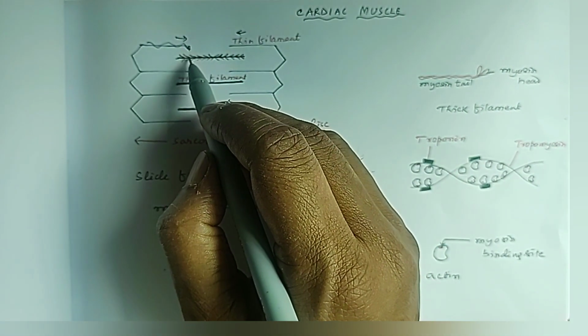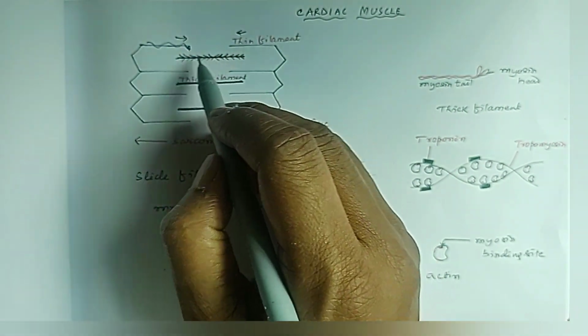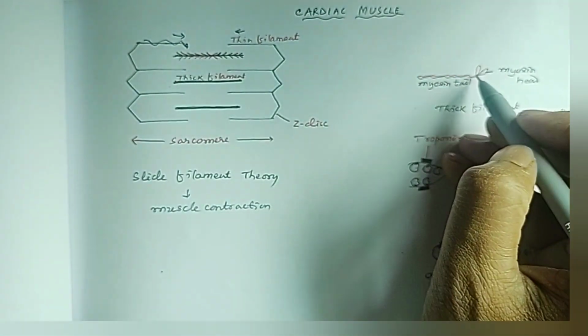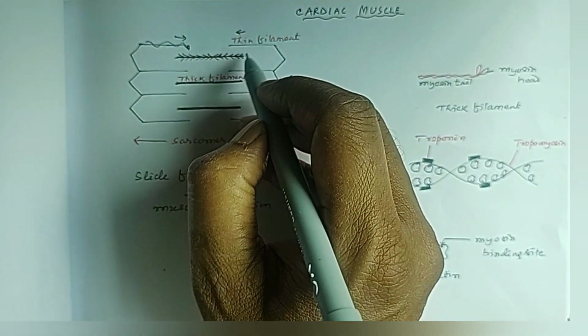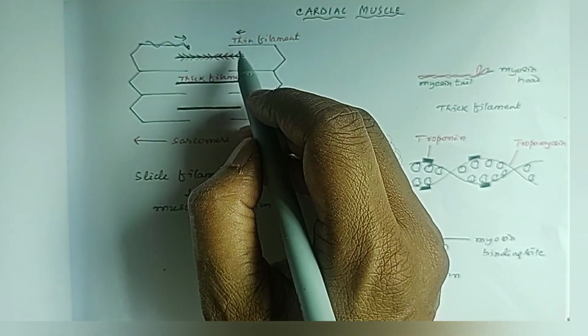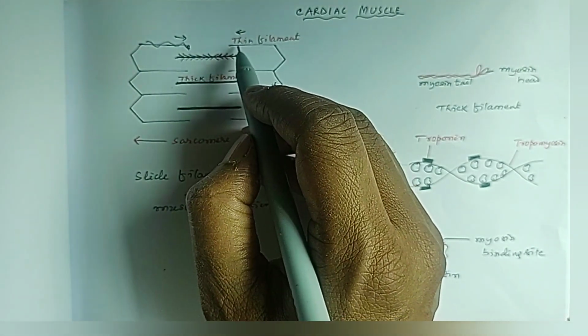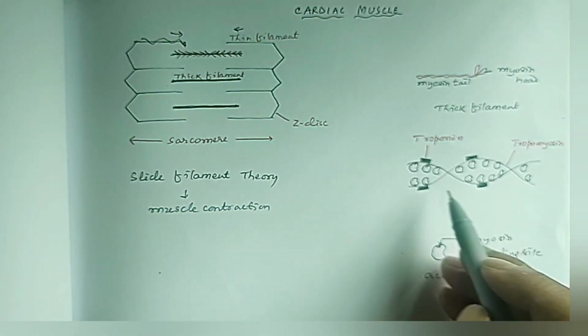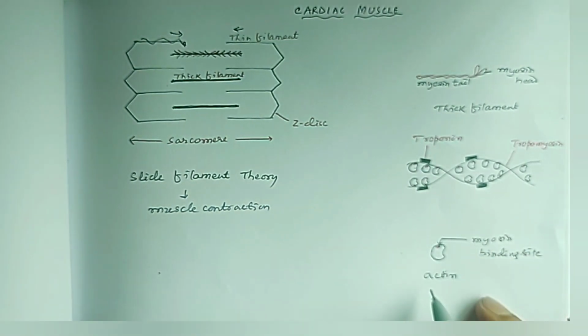So this myosin forms this thick filament, where the myosin tail forms the thick filament and the heads are projected upwards, and these heads can bind to actin in the thin filament, and this is the structure of a thin filament, and this is the structure of actin.